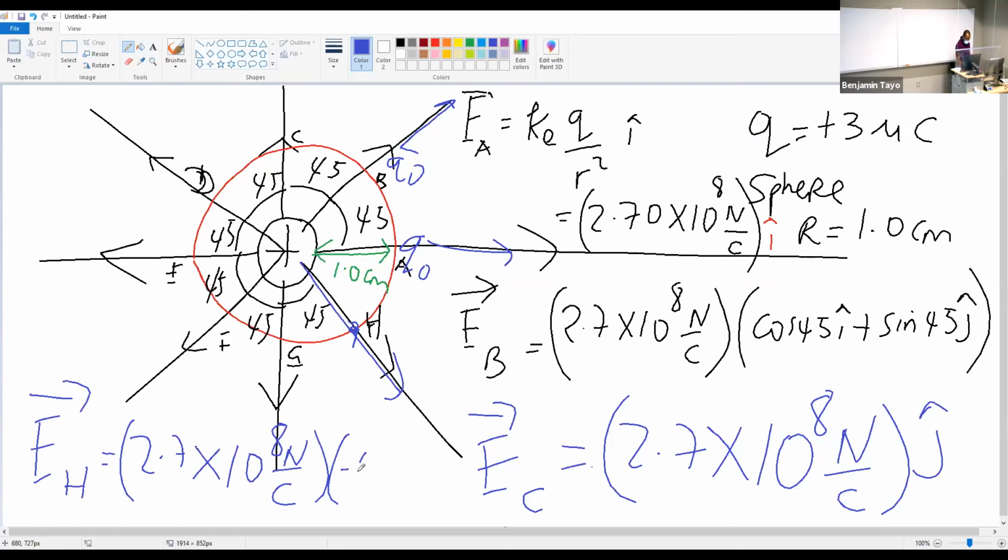So this would be negative cosine of 45 i, minus sine 45 j, something like that.